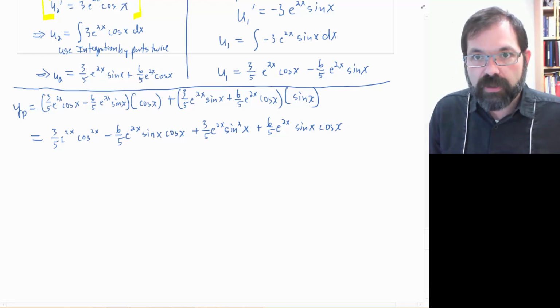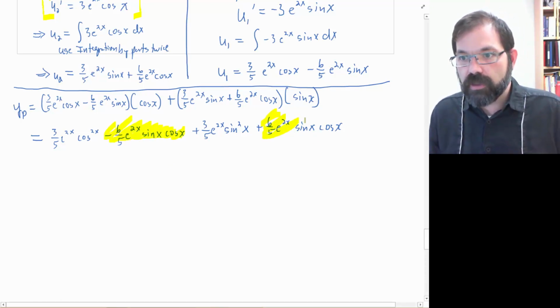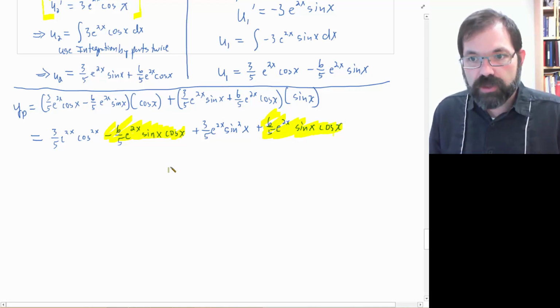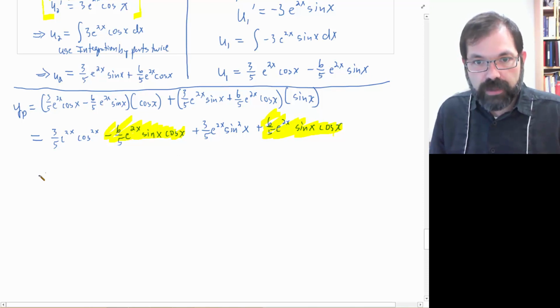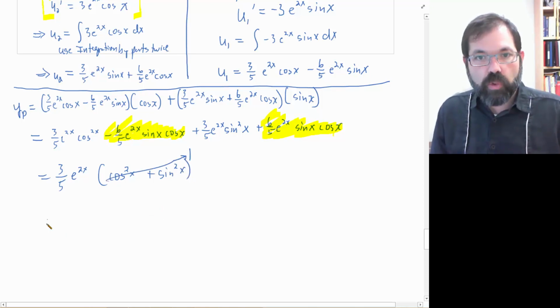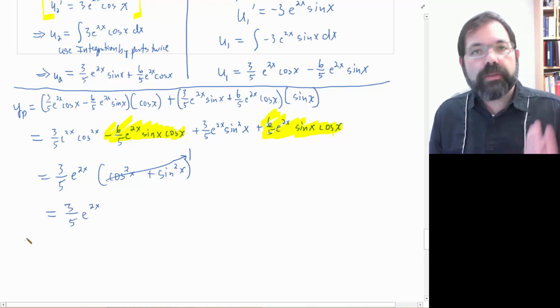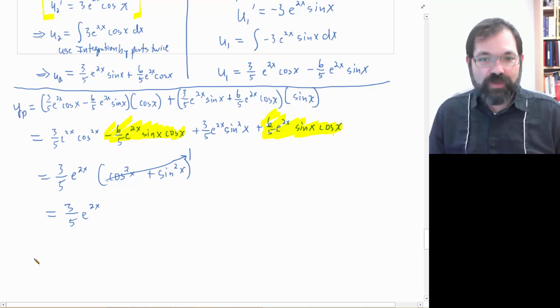So notice something nice happens here. The minus 6/5 e to the 2x sine x cosine x and plus 6/5 e to the 2x sine x cosine x terms go to 0. And now look at what's remaining. I have 3/5 e to the 2x times cosine square x plus sine square x. And again, there's our Pythagorean identity. That's 1. And so y sub p is 3/5 e to the 2x. And we get the same result that we got earlier using undetermined coefficients.